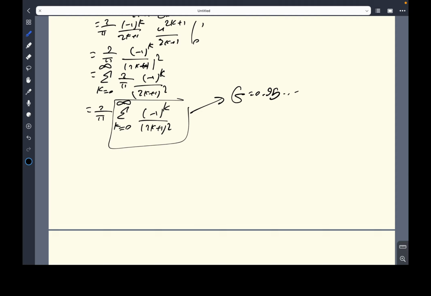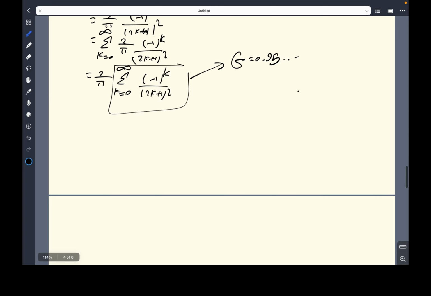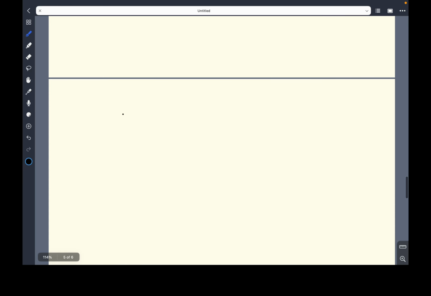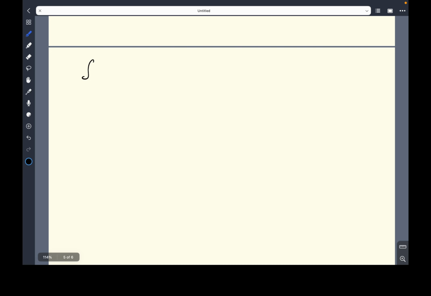I don't remember the exact value, but this series is convergent. So I'm going to call this series G, and our final result is going to be 2 over pi G. Thus, the integral that we were looking for first, from 0 to infinity of root x minus 1 over x plus 1 squared ln x dx, is 2 over pi G, which is approximately 0.5 something, I don't remember.